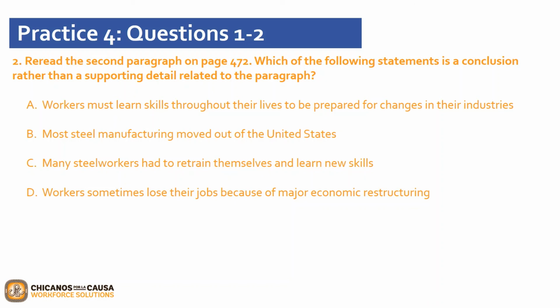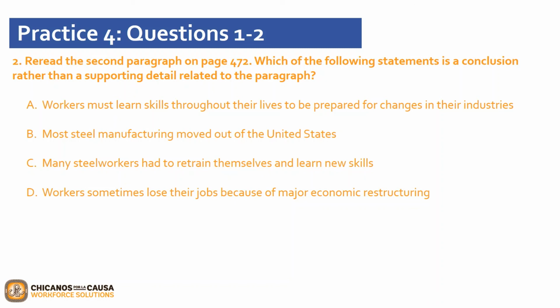When reading the paragraph, we can see that it focuses on the rapid changes that often take place in the workplace or industry, which affect job availability and its impact on employees. While it does mention steel manufacturing moving out of the United States or people losing their jobs, these are examples of the overall paragraph and supporting details, but not a conclusion.